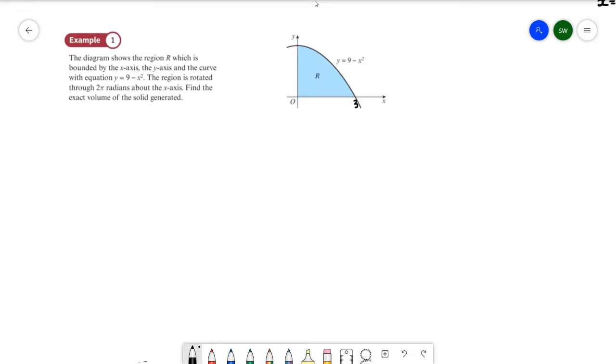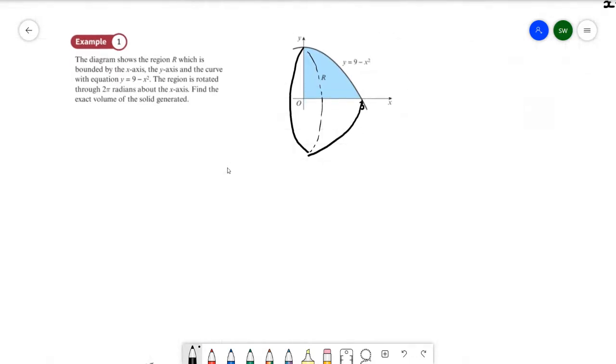So it's a little bit hard to draw, but we're imagining creating a solid that is going to have a shape something like that I'm drawing here. Okay, so we're making almost like a bowl shape, and all we need to do is work out the volume of this solid that we create.